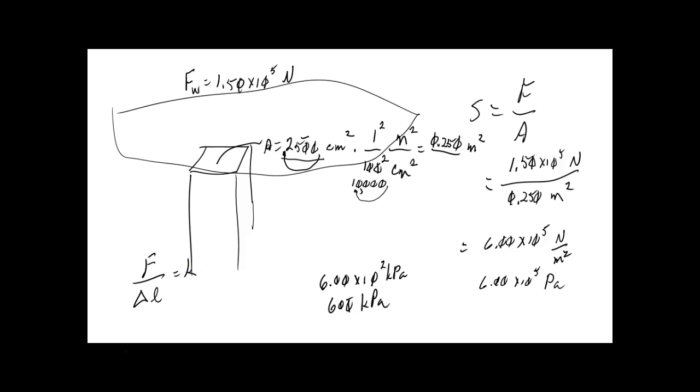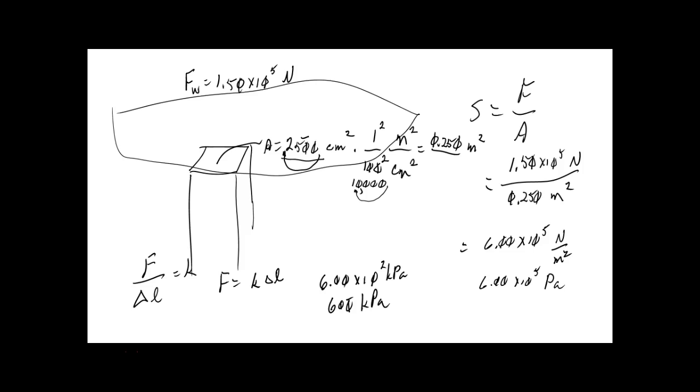Or the other way of expressing this is F is equal to K delta L, which normally, most of the time when you see it written, is X, not delta L. But we're going to call it delta L because our book does. Okay?